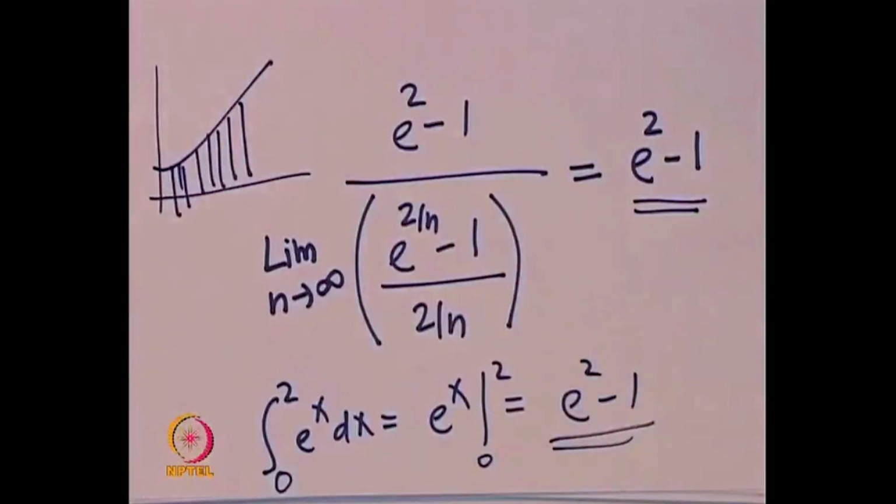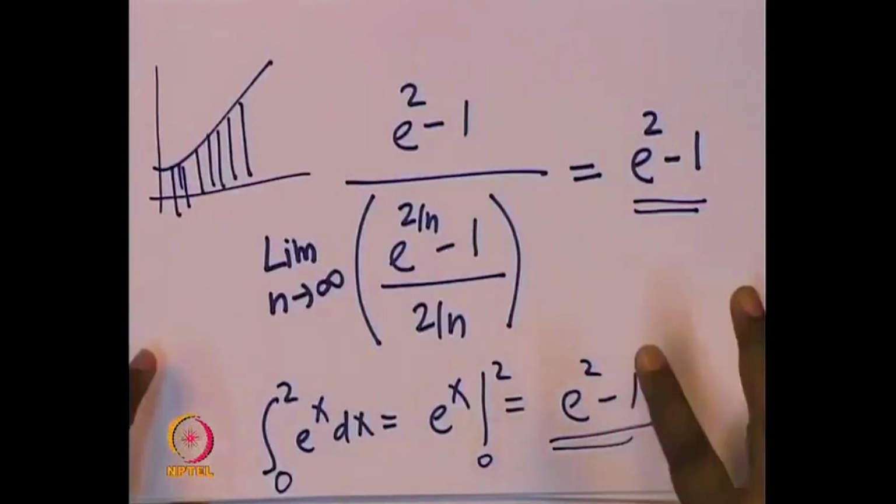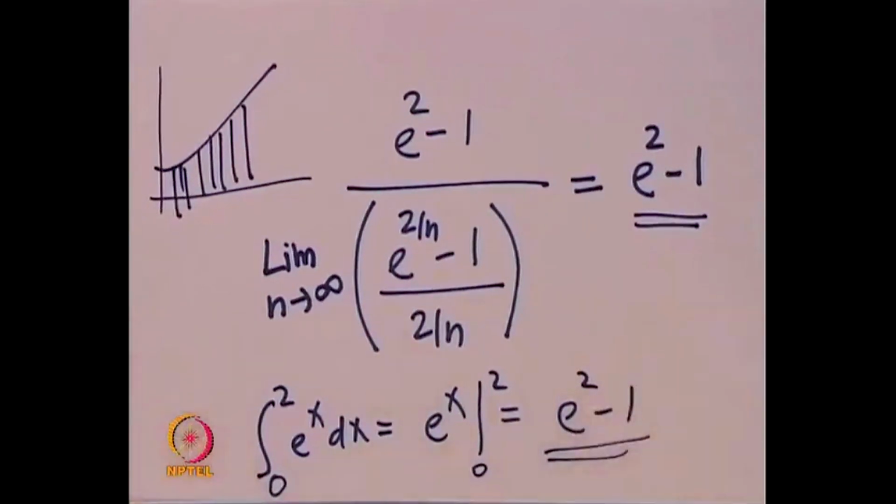So, this is one way of proving this. You could do it yourself for some other function that you know, and see that if you take a large number of intervals and calculate the sum, you will get this answer.